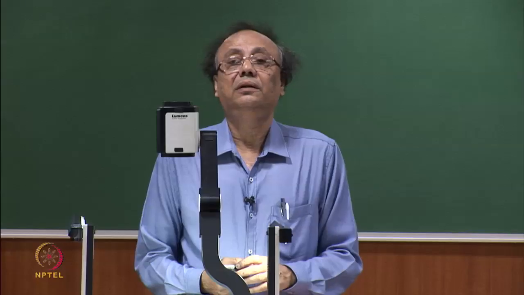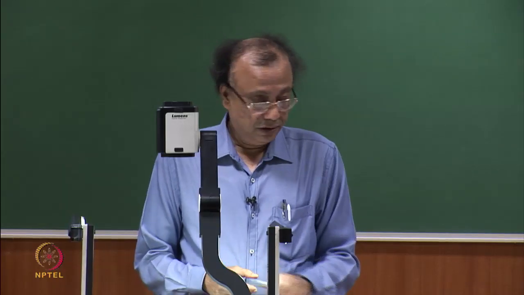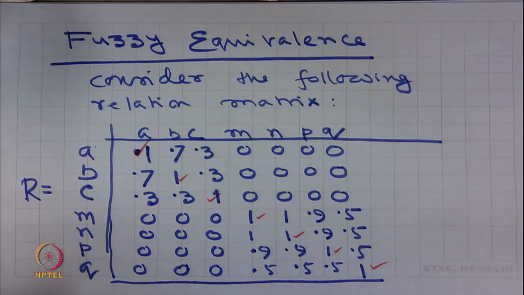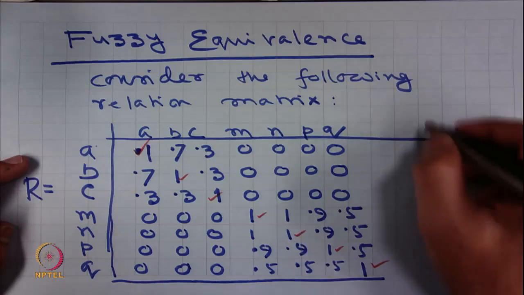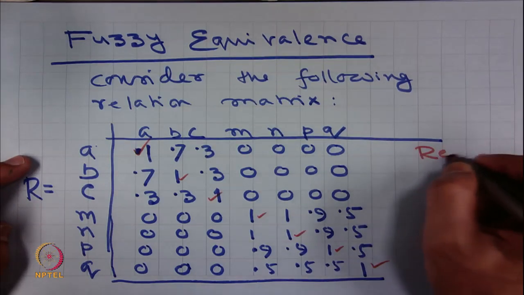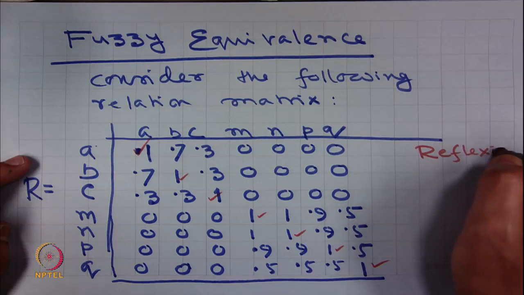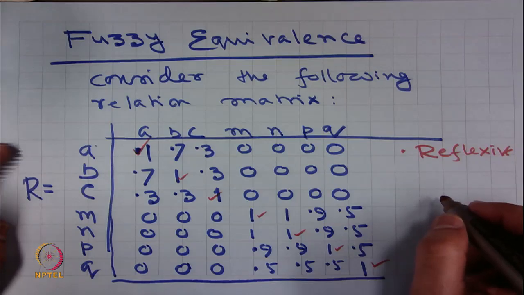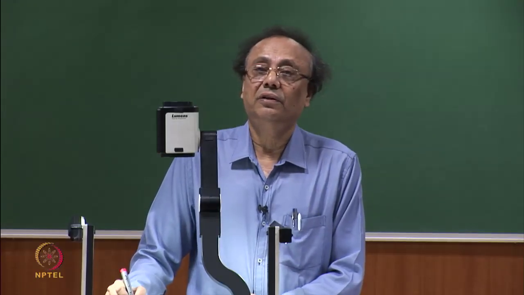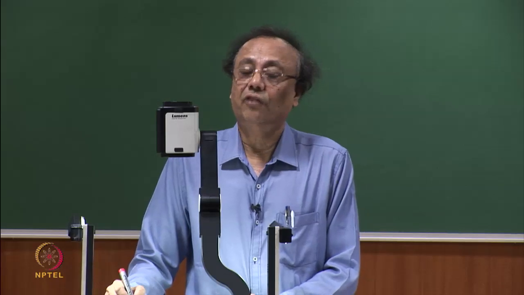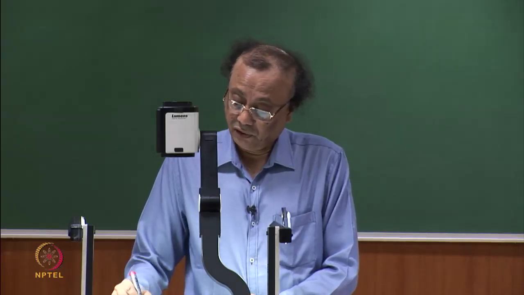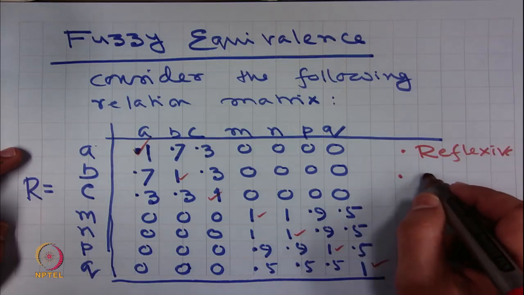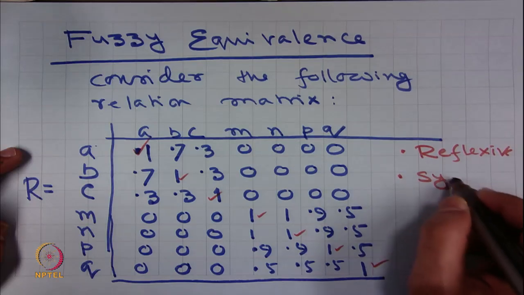If we examine the matrix carefully, we see that all the diagonal elements are 1. Therefore, it is reflexive. If you recall the definition that a fuzzy relation is reflexive if R(x, x) is equal to 1 for all x. Also, note that it is symmetric.